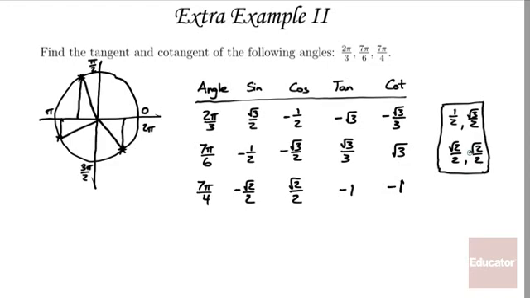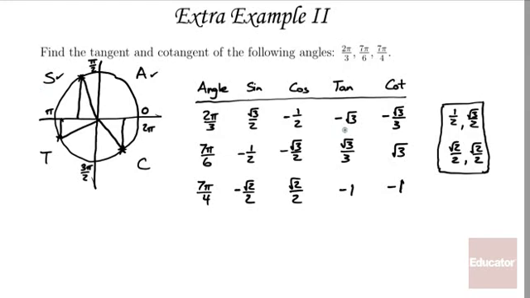The only tricky part there is figuring out whether the tangent and cotangent are positive or negative, but then you just look back at whether the sine and cosine are positive or negative, and that tells you right away whether the tangent and cotangent are positive or negative. You can also remember the mnemonic, all students take calculus, which stands for all of the values are positive in the first quadrant. In the second quadrant, only the sine is positive.